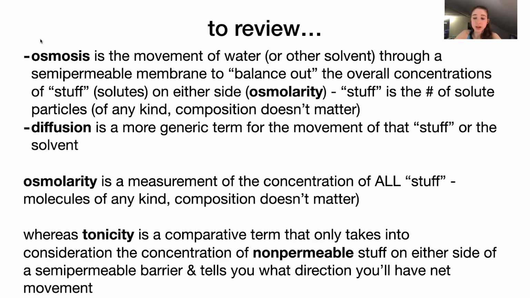Osmolarity is a measurement of the concentration of all the stuff, so we don't care about molecules, any kind, composition, it doesn't matter. Whereas tonicity is a comparative term that only takes into consideration the concentration of non-permeable stuff, stuff that can't get through the membrane on either side of a barrier, and tells you in which direction you'll have the net movement of the solvent.